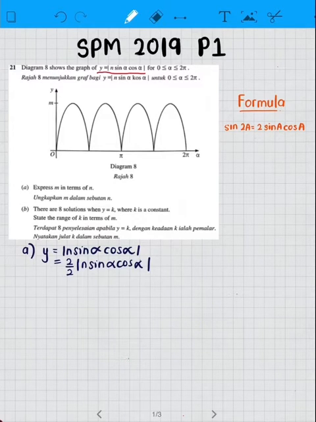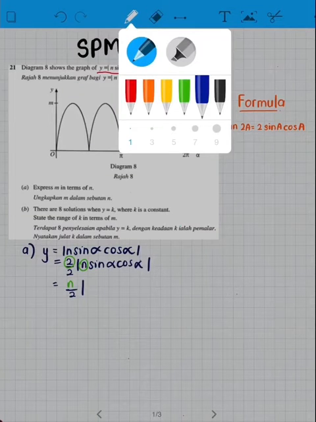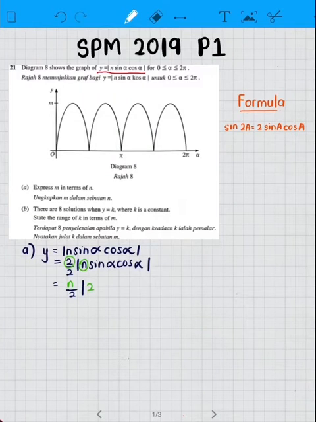And then, we need to switch place between n and 2. So n over 2, sine alpha cos alpha. Based on the formula given, sine 2 alpha equals 2 sine alpha cos alpha.